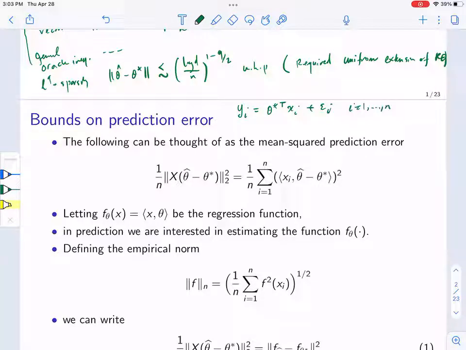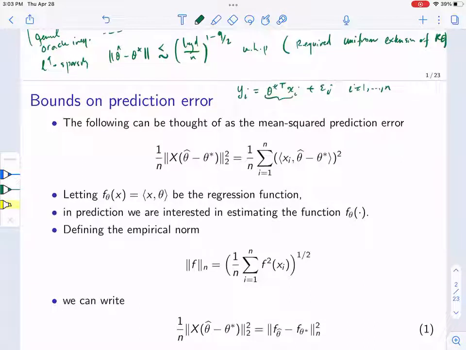These are observations on a population level version. This is just y_i equals theta star transpose x_i plus epsilon_i. This is some sort of a function, let's call it f_theta star of x_i. So we are modeling the relation of y_i and x_i as a linear function.